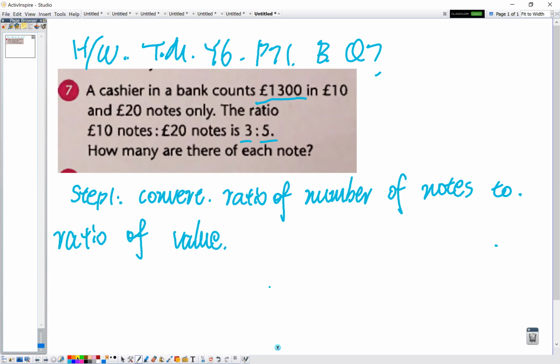Now we compare these two. You can say one £20 note is equivalent to 2 portions of £10 notes. Do you agree? Because one £20 note is £20, double the £10 note, which is 2 times £10.